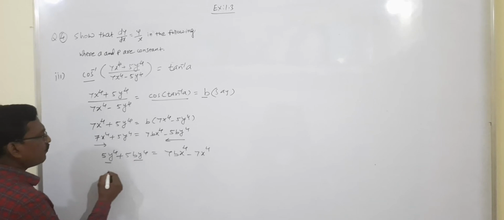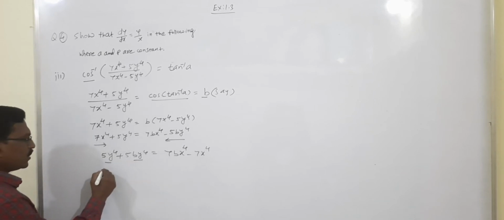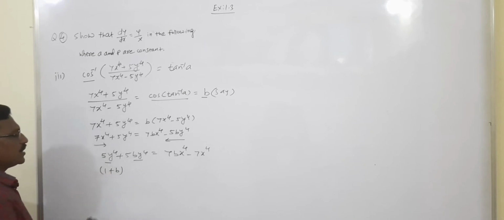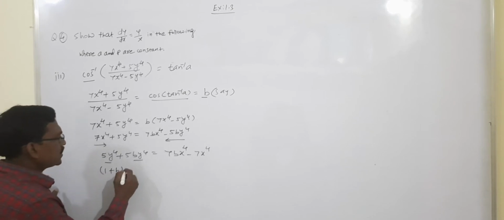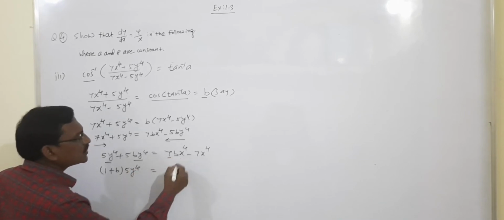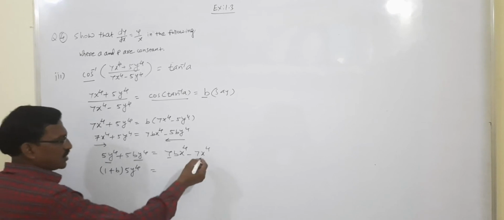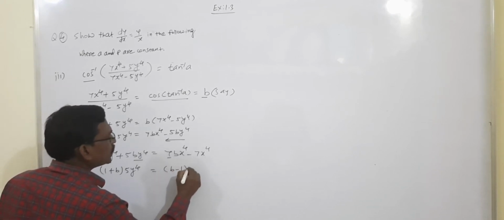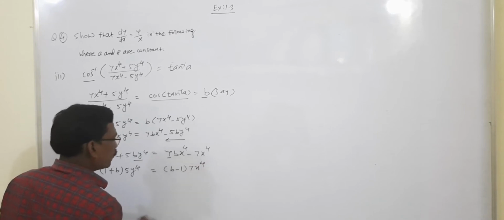Again we take 5y^4 common here, it becomes (1 + b) in the bracket and 5y^4 is common. Same way we take 7x^4 common on this side, so it remains (b - 1) into 7x^4.